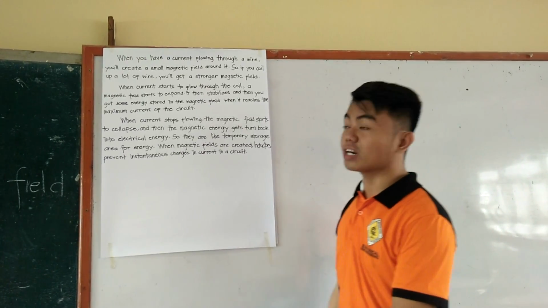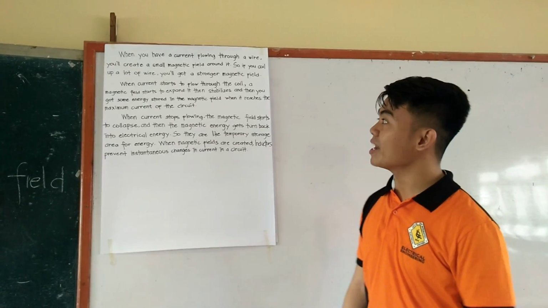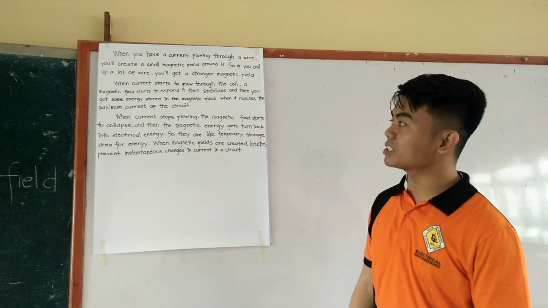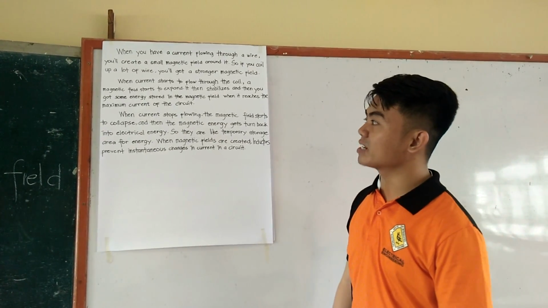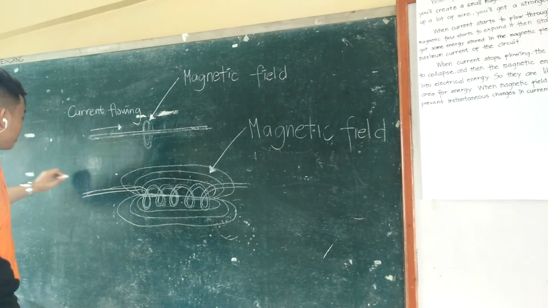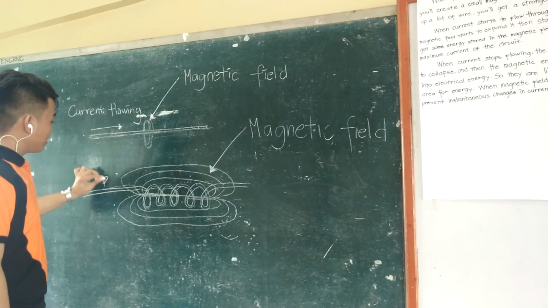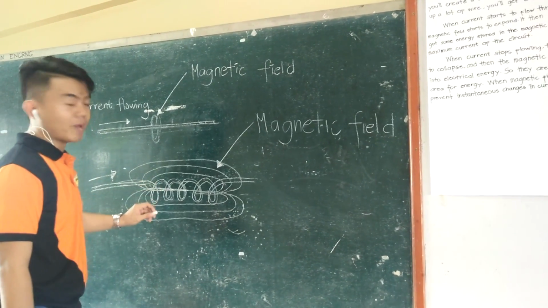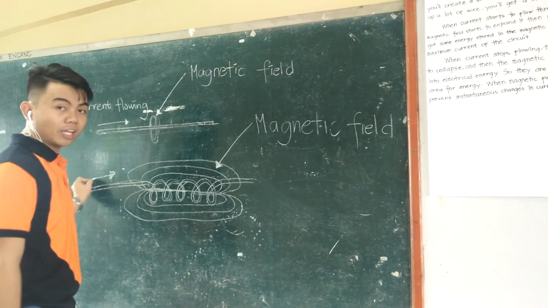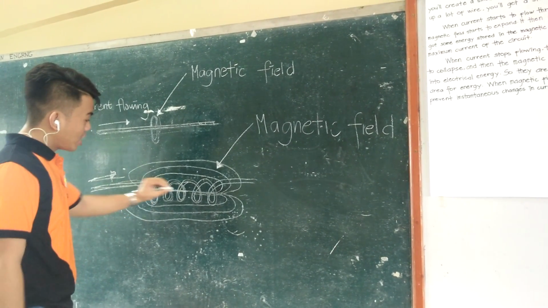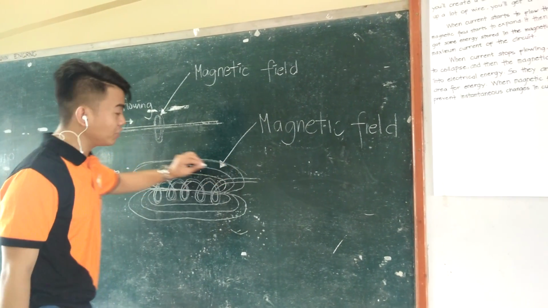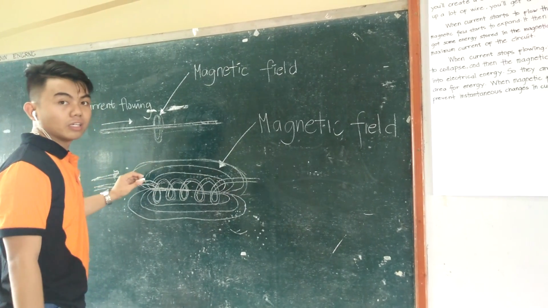When current starts to flow through the coil, a magnetic field starts to expand. It then stabilizes, and you will get some energy stored in the magnetic field when it reaches the maximum current of the circuit. So when current starts to enter the inductor, a magnetic field starts to expand, then it will stabilize when it reaches its maximum current in the circuit.